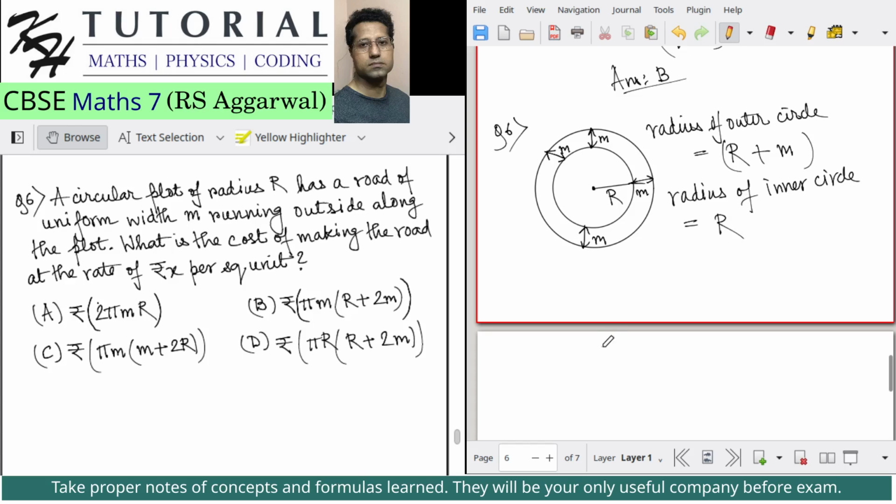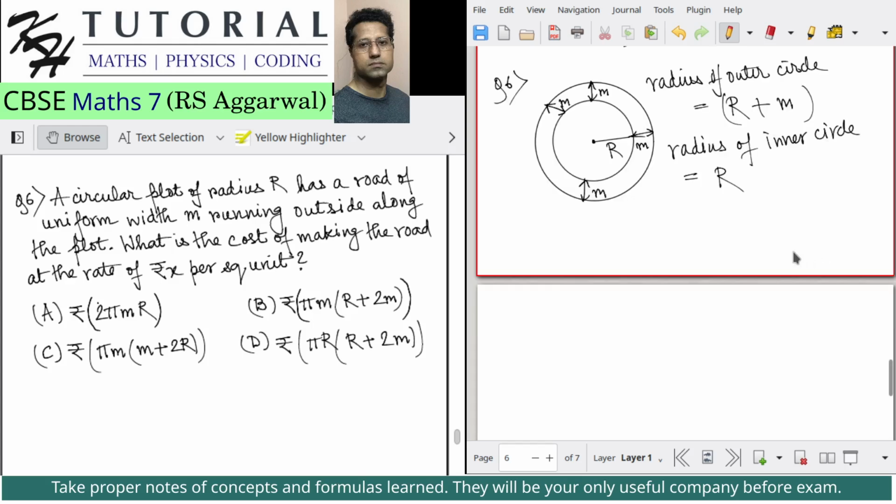Now the question is asked, what is the cost of making the road at the rate of rupees x per square unit? So first we need to find the area of the road, which is nothing but the area of the ring, where in the ring the radius of the outer circle is capital R plus small m, where small m is given to be the uniform width of the road, and the radius of the inner circle is the radius of the circular plot, which is capital R. So we know that the area of the ring, or the area of the road, will be equal to pi.